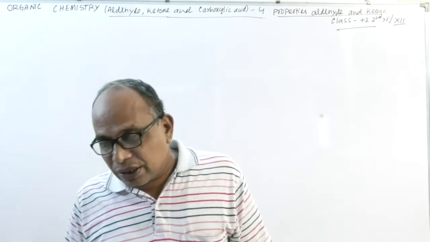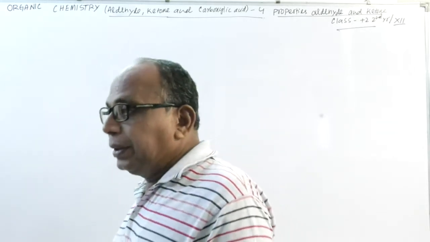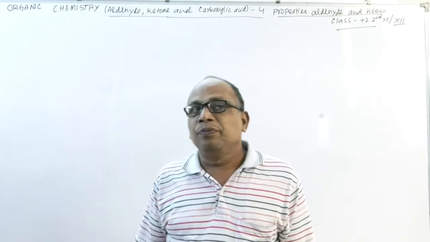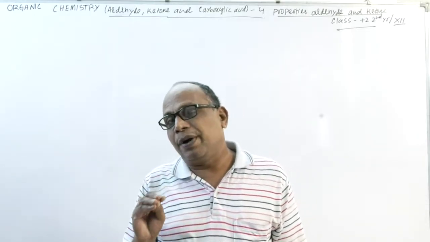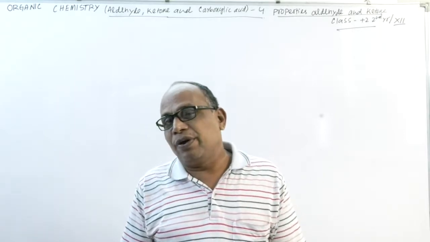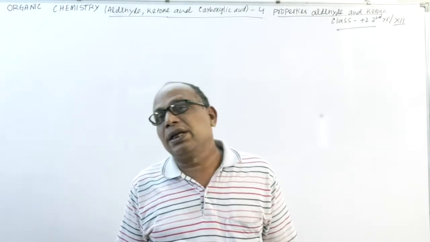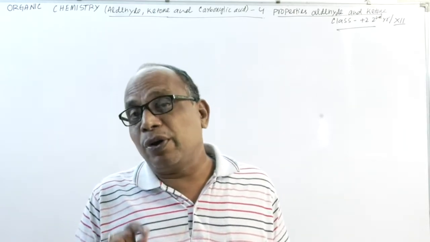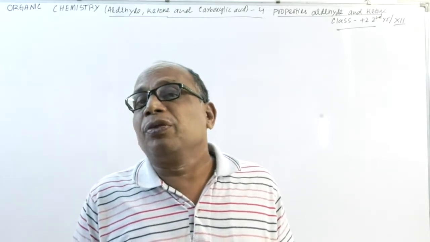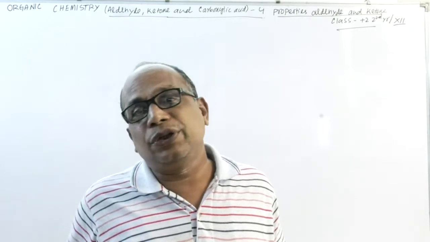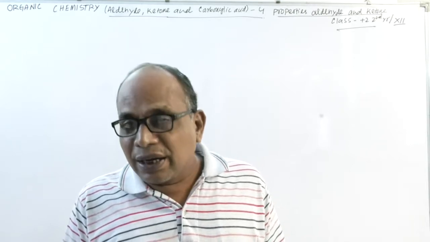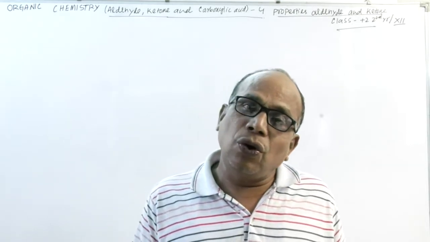Okay. So the reactivity order of aldehydes and ketones depends upon the positive charge possessed by the carbon atom of the carbonyl group. The carbonyl group in which the carbon atom possesses more electropositive charge is more reactive, meaning it will be attacked by the nucleophile easily.